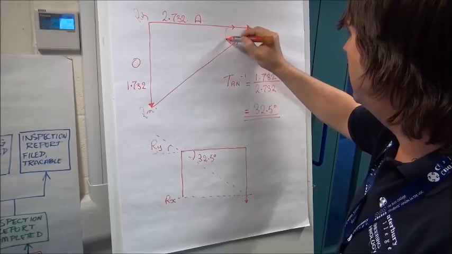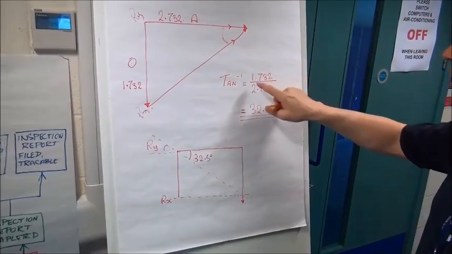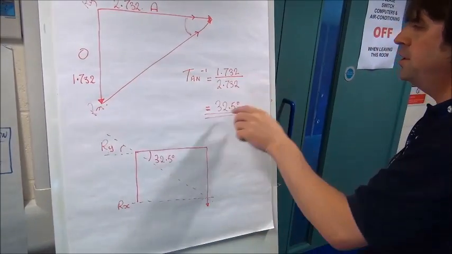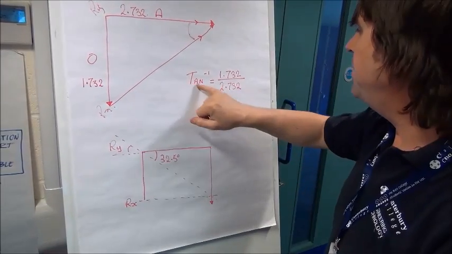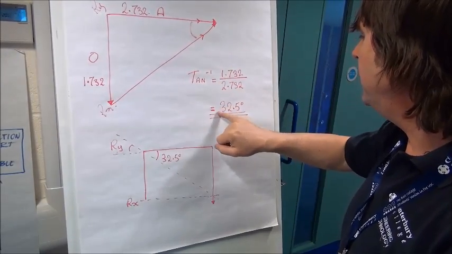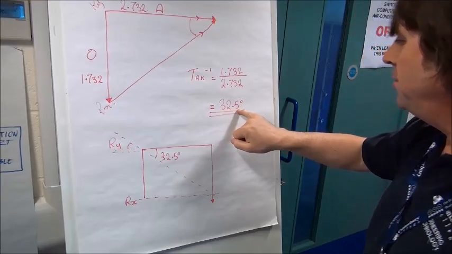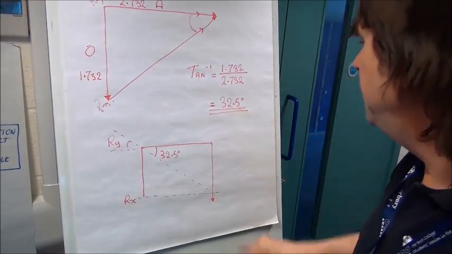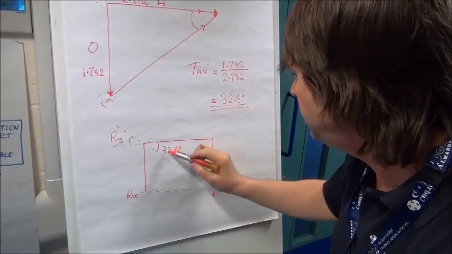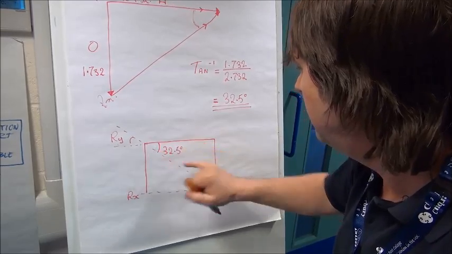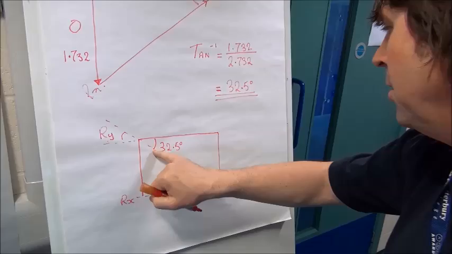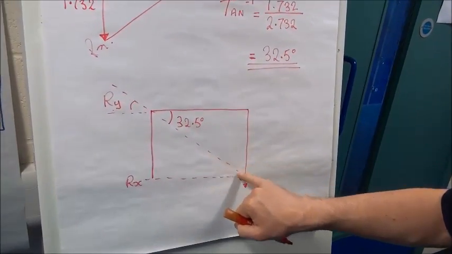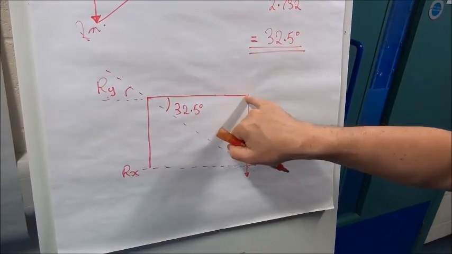The opposite, 1.732, divided by the adjacent, 2.732, gives us the tangent, and when we inverse that, we get an angle of 32.5 degrees. And that 32.5 degrees is applied here. So reaction Ry acts at an angle of 32.5 degrees to the horizontal member there.